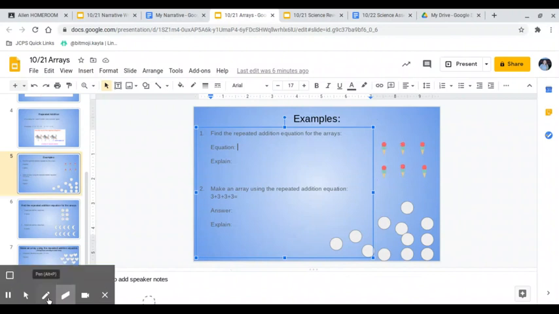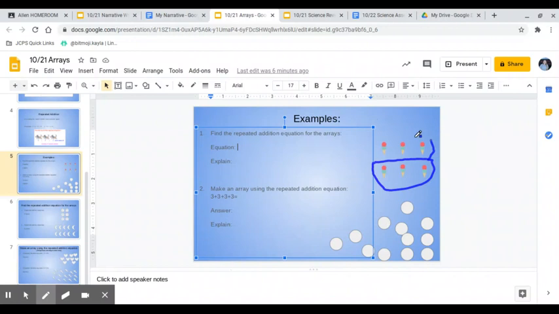So let's look at our rows this time. Our rows are like this way. These are our rows. So remember, your rows are like left to right. It's what you see across. If I look at my rows, I see in this row I have 1, 2, 3. And in this row I also have 3.